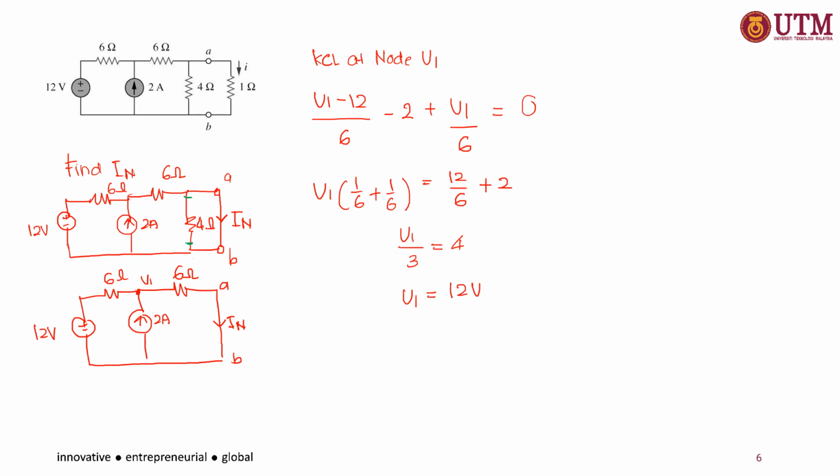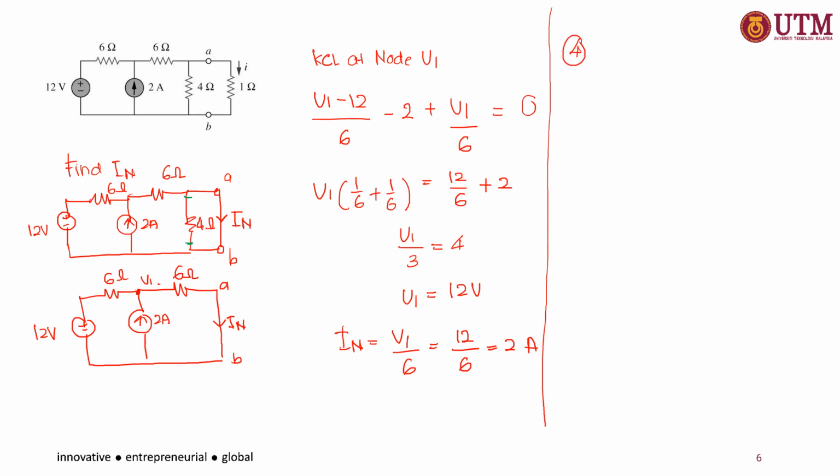In order to find IN, your IN is V1 divided by 6, which is 12 volt divided by 6 ohm. You will get your IN is equal to 2 ampere.